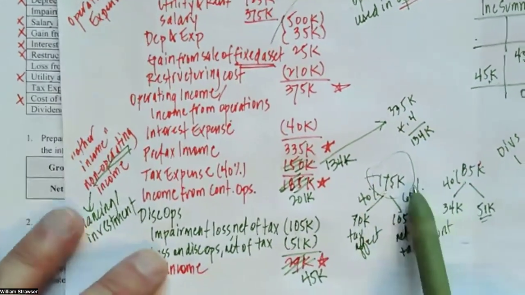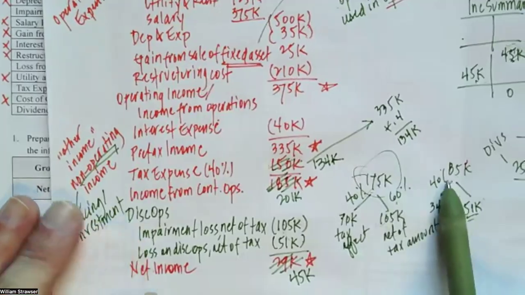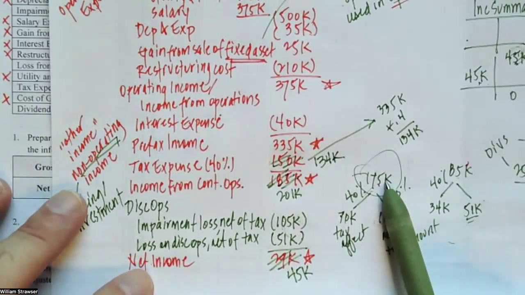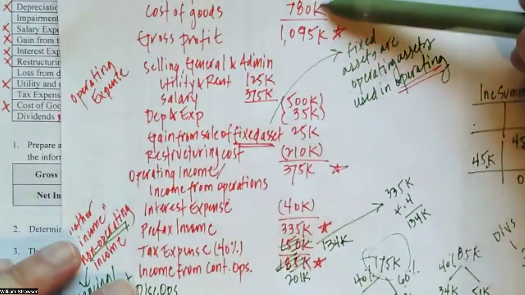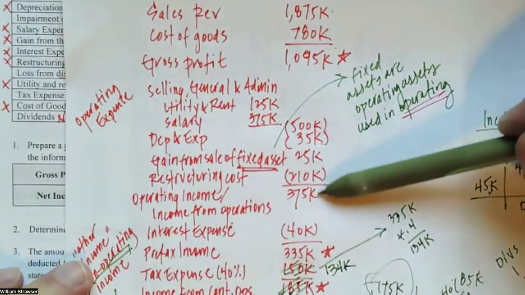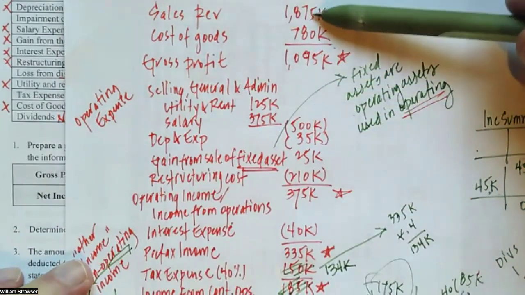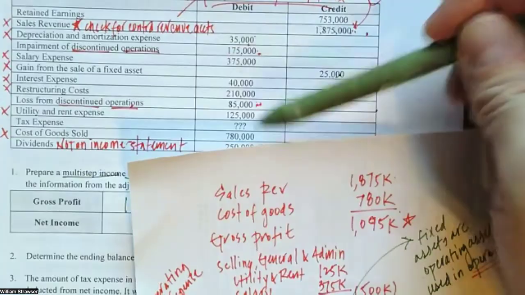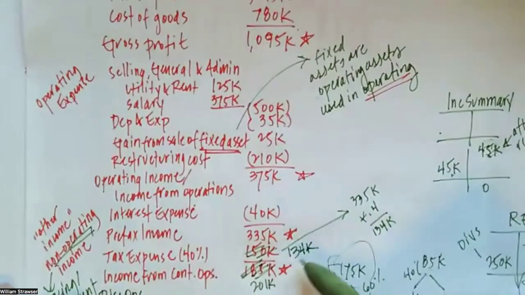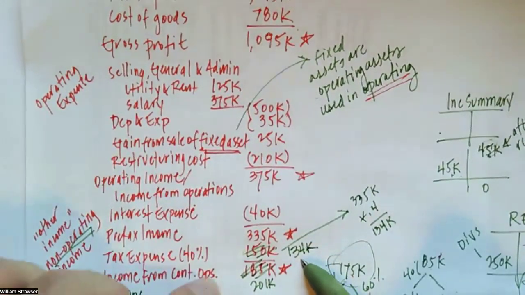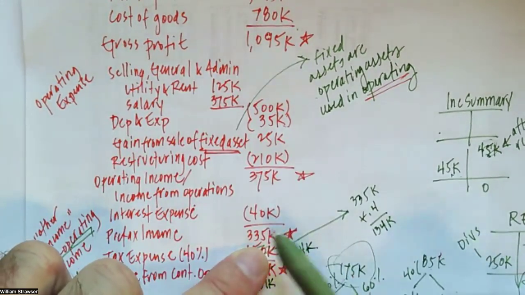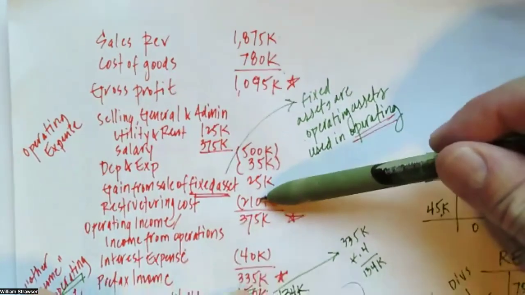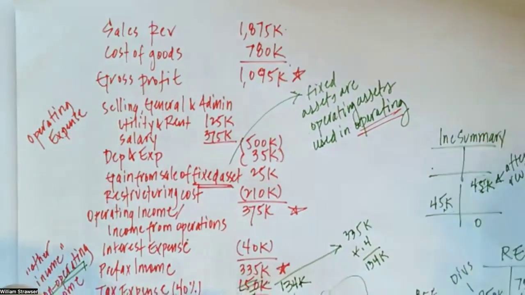So we have these two continuing operation and discontinued operation expenses. They are not listed in these numbers here, right? They were separated out on the adjusted trial balance. They were distinct from these other pieces. This 134 is just a tax that arose from all of the continuing operation portions of the company.